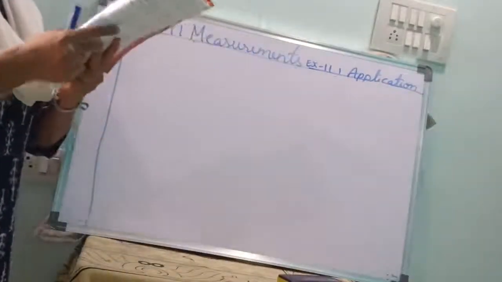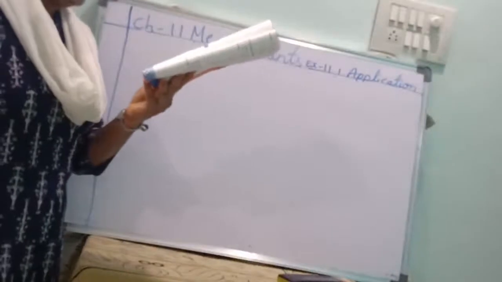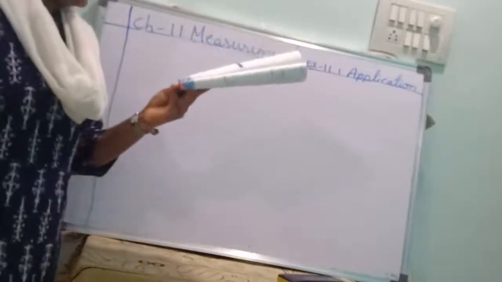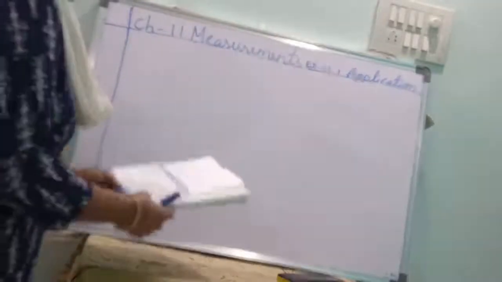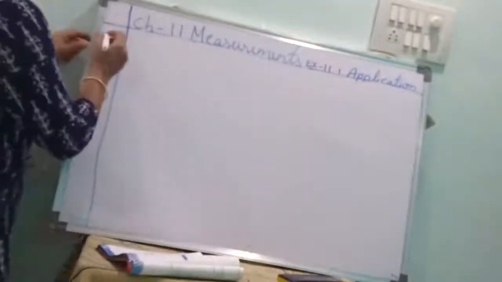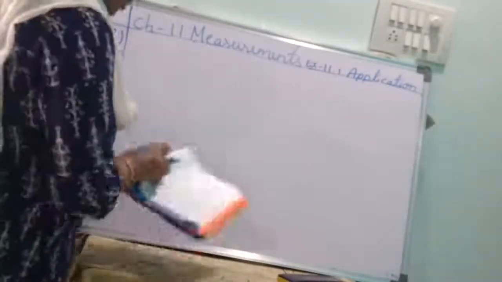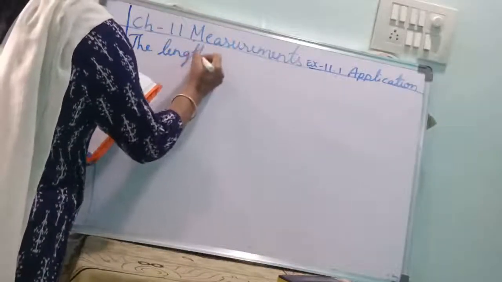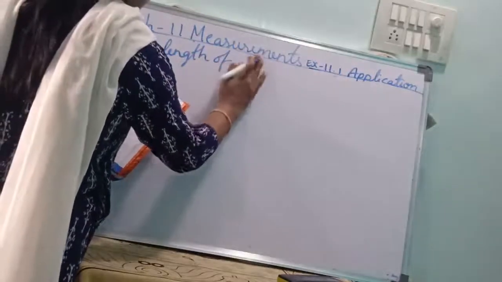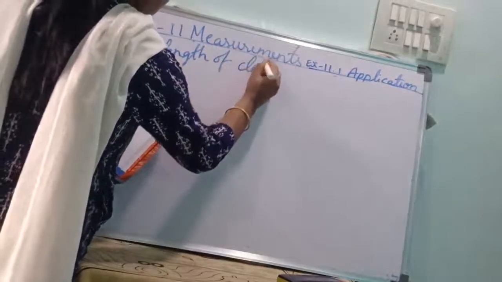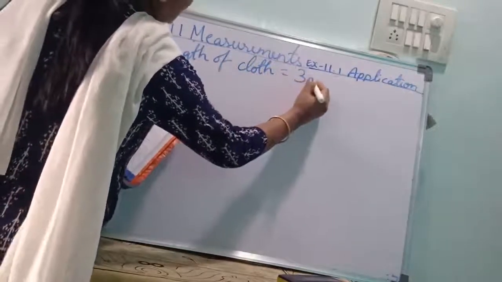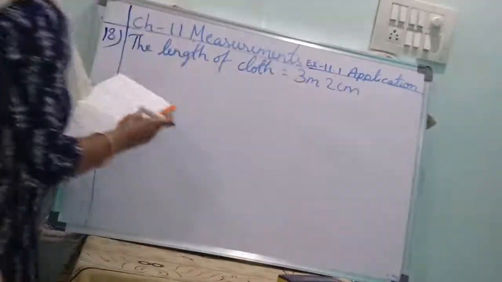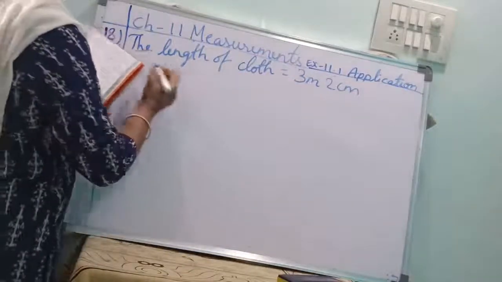The length of the cloth that Samira used for her birthday dress is 3 meters 2 centimeters. What is its length in centimeters? What you have to do? You should convert into centimeters. Understood?